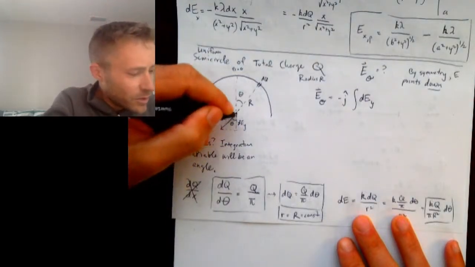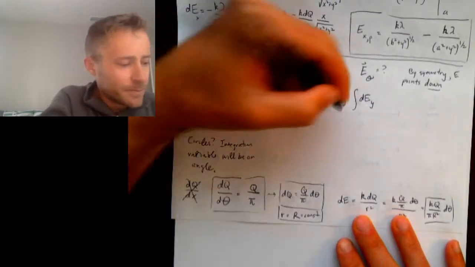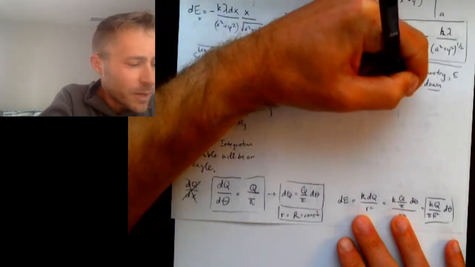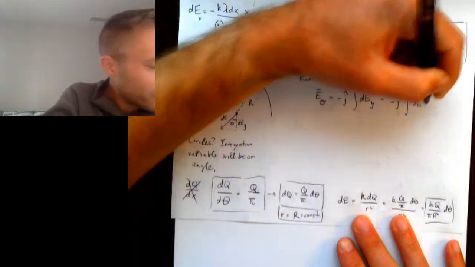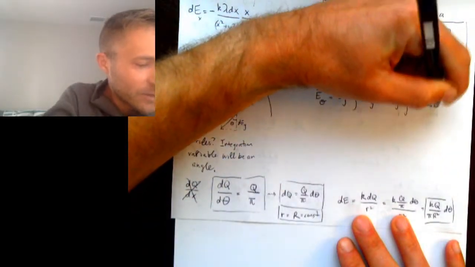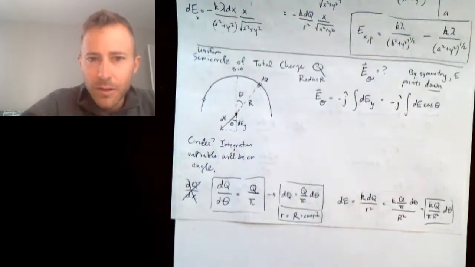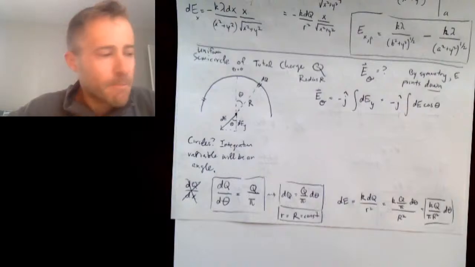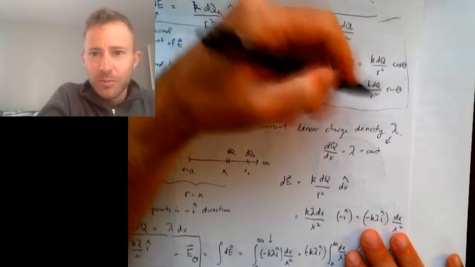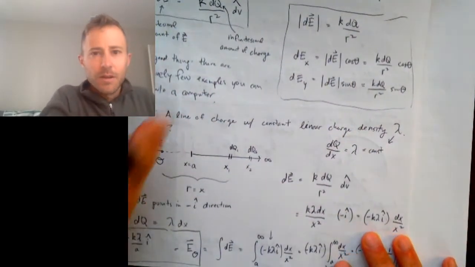So I can see that dEy is adjacent to the angle. So this is going to be minus j times the integral of dE times cosine of theta, because in this case that is going to pick out the vertical component. I should say this looks a little opposite, but that's just because my coordinate system is rotated.